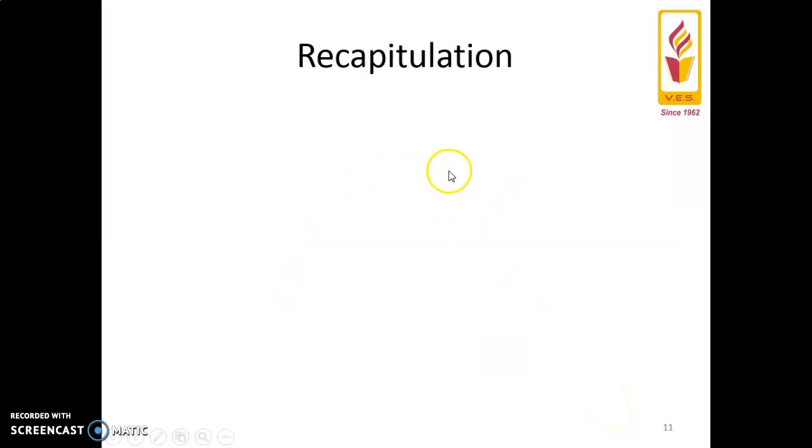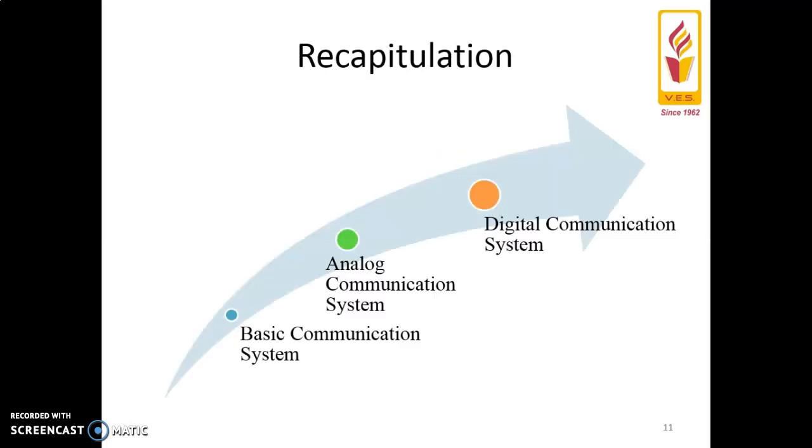Next is recapitulation. So we have discussed your digital communication system, all the elements. Now you have already learned previously your basic communication system, that we say transmitter and receiver, and there is a connectivity between the transmitter and receiver which carries the information, and hence we get at the receiver your information signal.